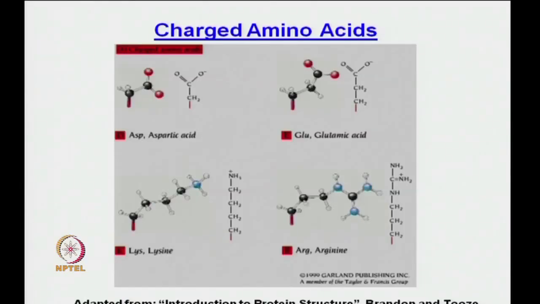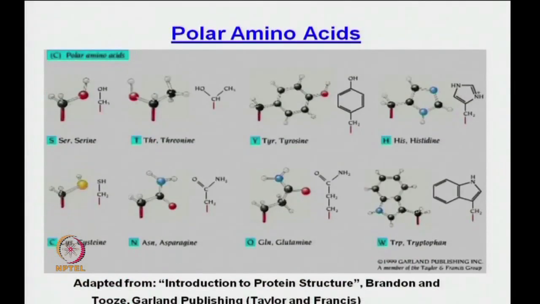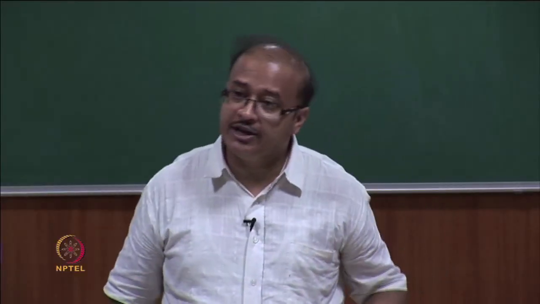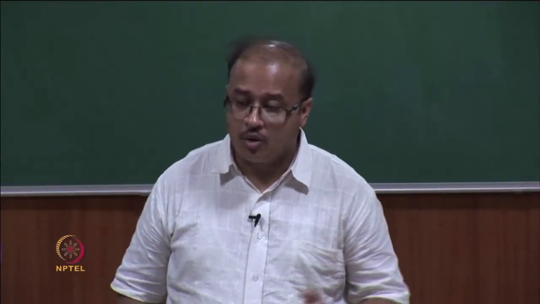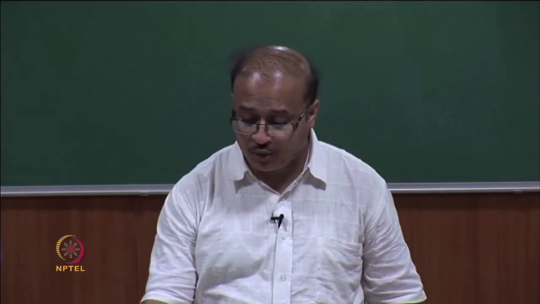Then we have the polar amino acids: serine, which is not charged but polar, so neutral but polar. Then threonine, tyrosine, histidine, cysteine, asparagine, glutamine, and tryptophan. So we have three different classes of amino acids: hydrophobic, charged, and polar.